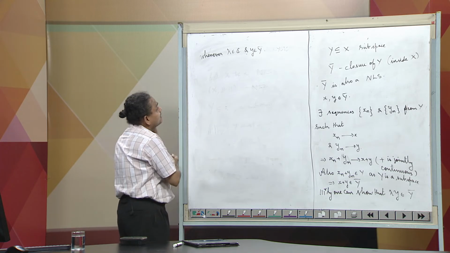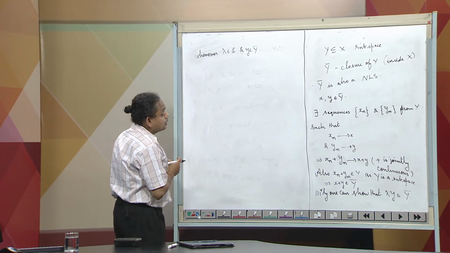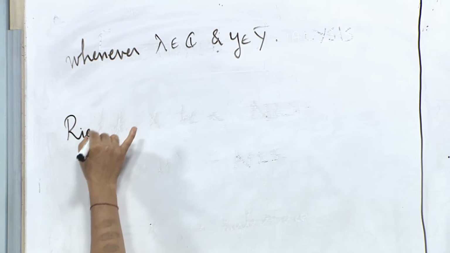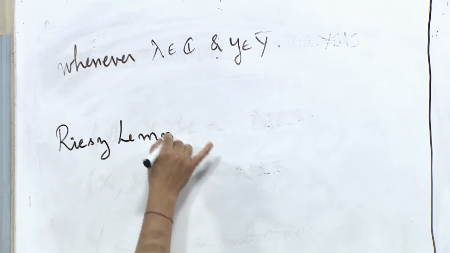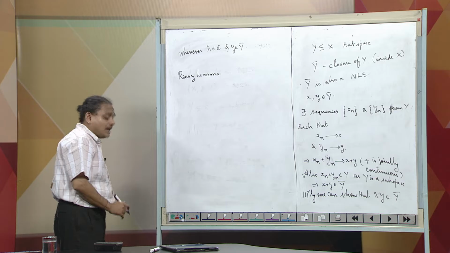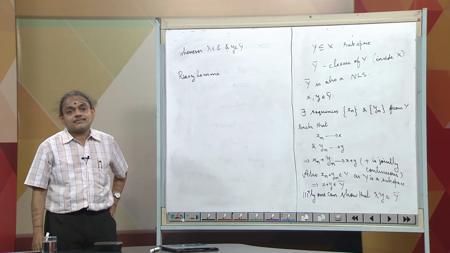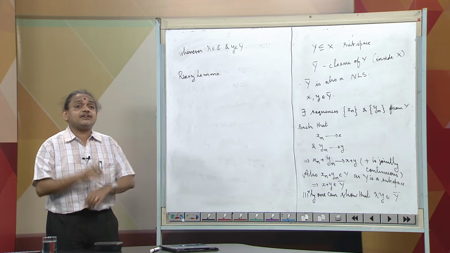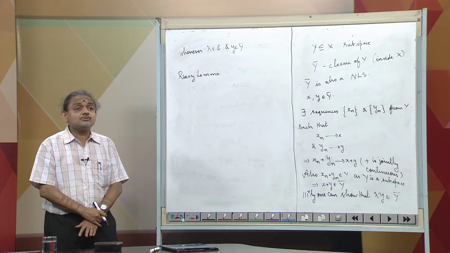Now, there are some interesting results for these closed subspaces. The first one is what is known as Riesz's lemma. If you have a closed subspace Y of a normed linear space X, and I have an element which is outside of Y, what is the distance between the element and Y?